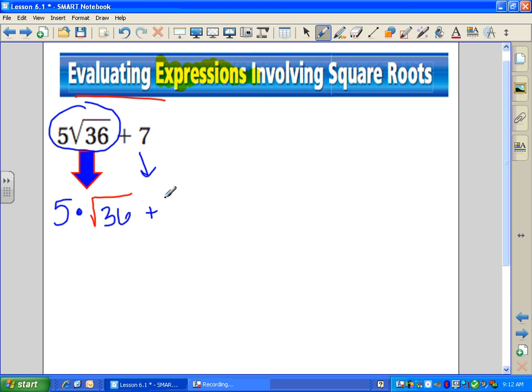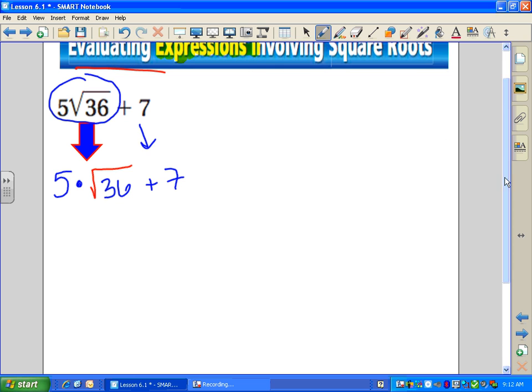plus 7. I'm going to take my calculator, and I'm going to say, calculator, 36 square root. 36 is a perfect square. Nice job, Bears, plus 10. The square root of 36 is 6. I'll rewrite my problem. 5 times 6 plus 7.